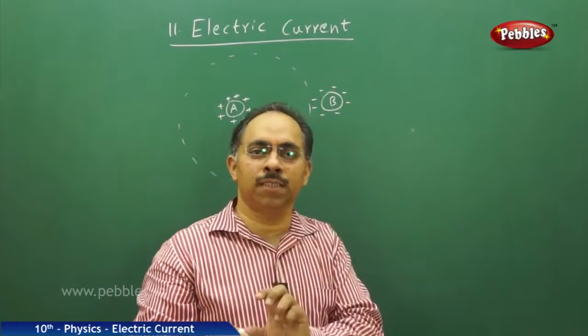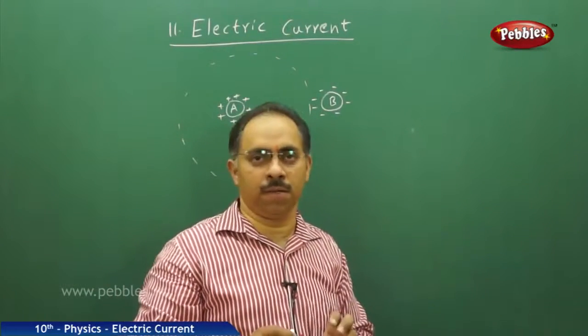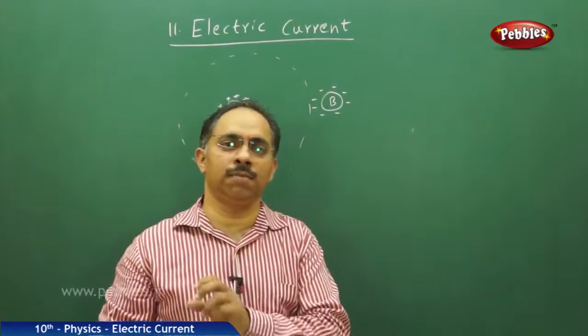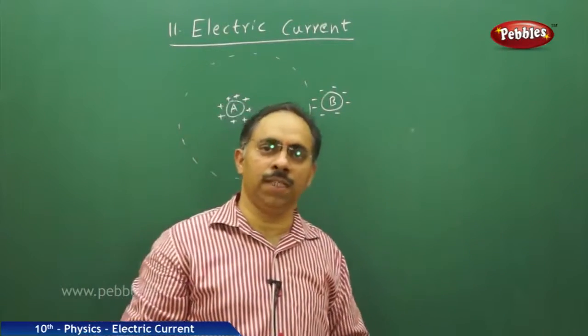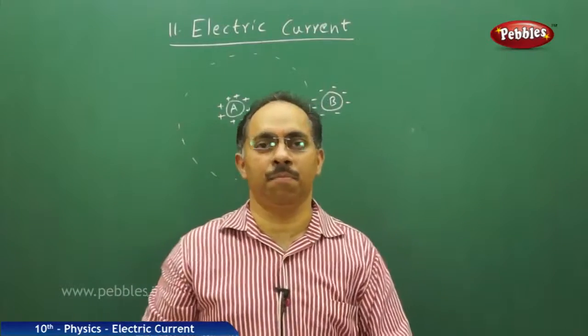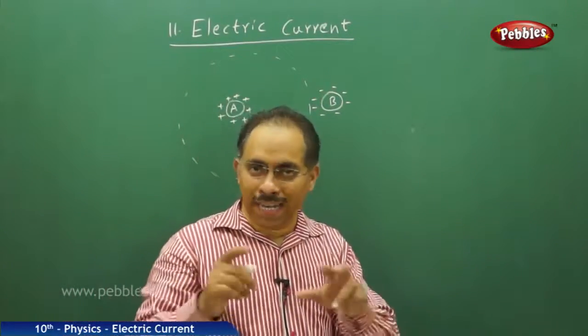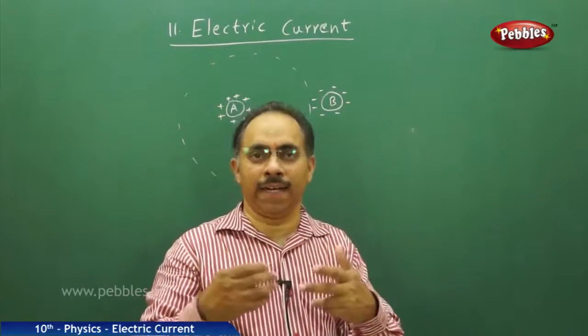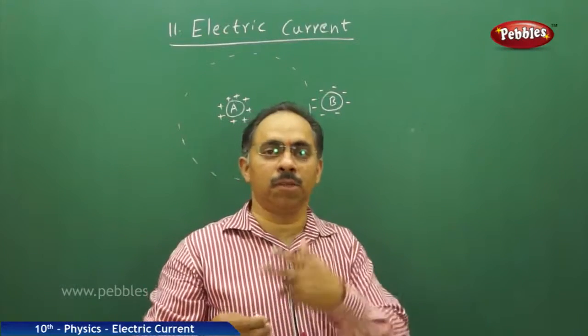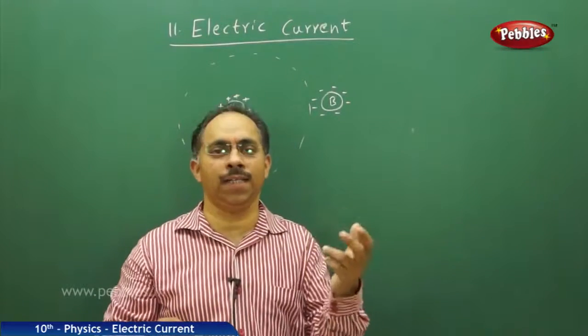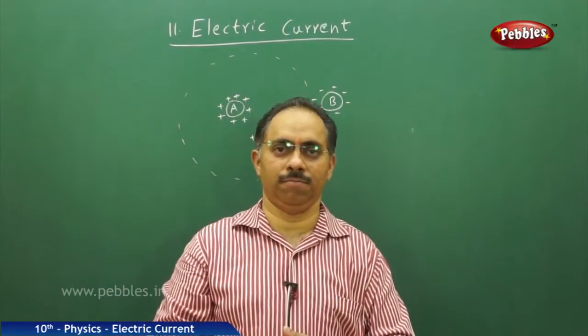A positively charged body will repel another positively charged body. Similarly, a negatively charged body will repel another negatively charged body. Two unlike charges will get attracted, so a positively charged body will always attract a negatively charged body.